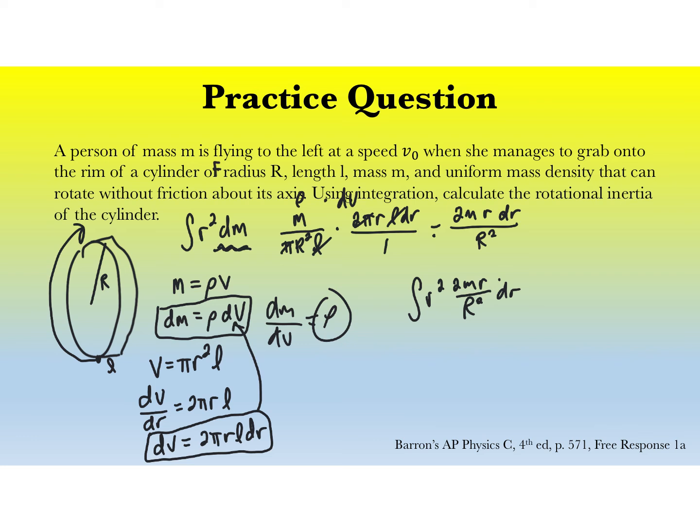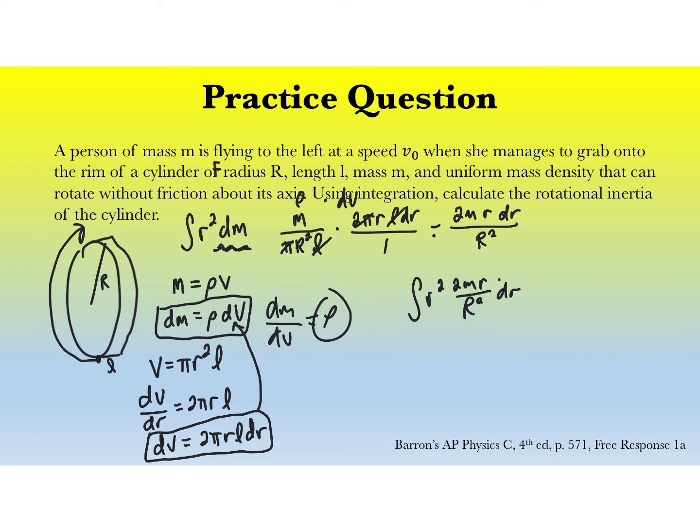It's a lot going on, a lot of different variables getting thrown around here, but the reason that I wanted to get to r somehow was because the integral of r squared dm has an r in it. I want my differential at the end to match the r squared that's inside there, and that's where all these other conversions came from.